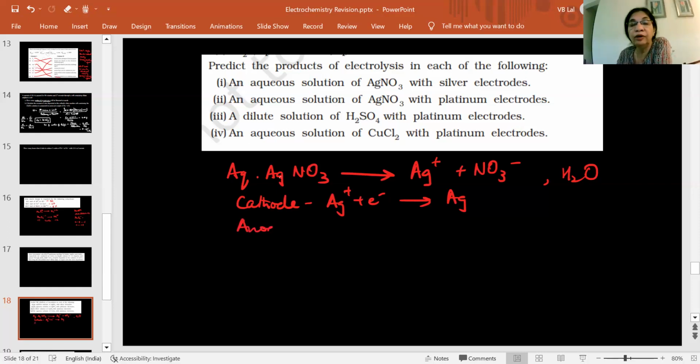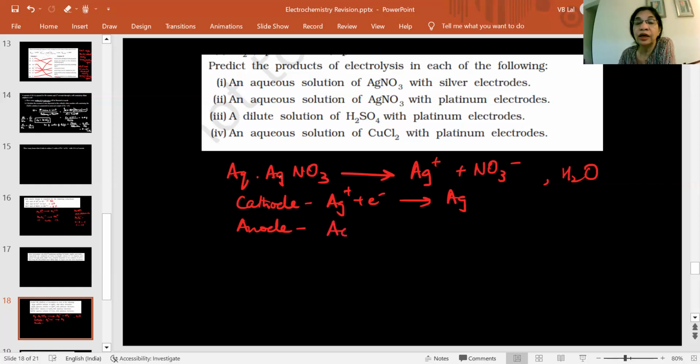And then at anode, what will happen? Oxidation has to take place. And for oxidation, whichever has a higher oxidation potential should get oxidized. So here, this is silver electrode. So the oxidation of silver will take place.